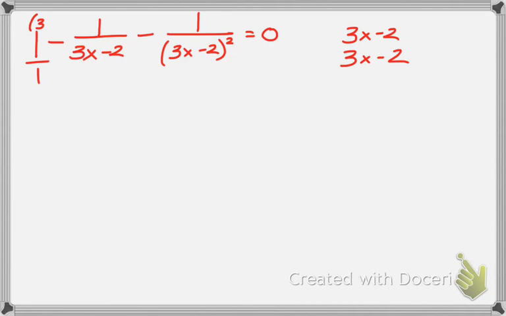Good. So this needs a 3x minus 2 squared. What does this fraction need? Just 1 3x minus 2. What does this negative 1 need? Nothing, right? And the 0, just leave it 0, because anytime you do anything with 0, it's going to stay 0. All right.